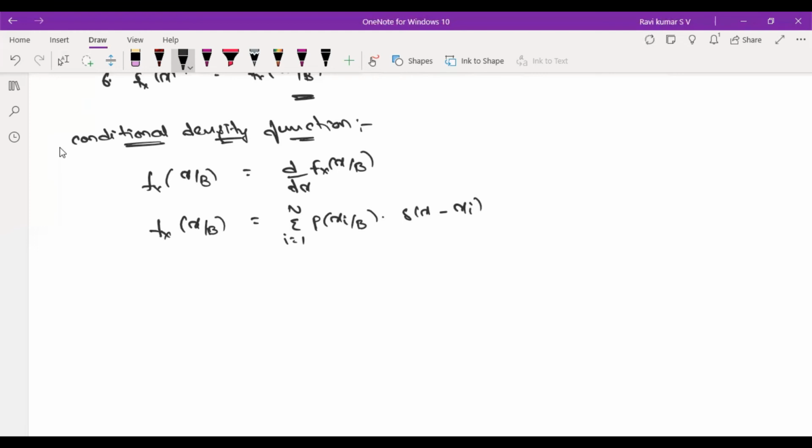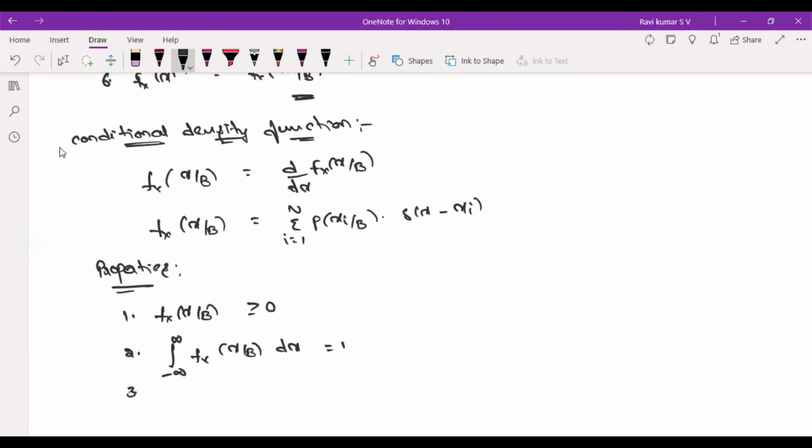If you take the properties, the first property is f_X(x|B) is greater than or equal to 0. The second one is the integral from minus infinity to plus infinity of f_X(x|B) dx is equal to 1.